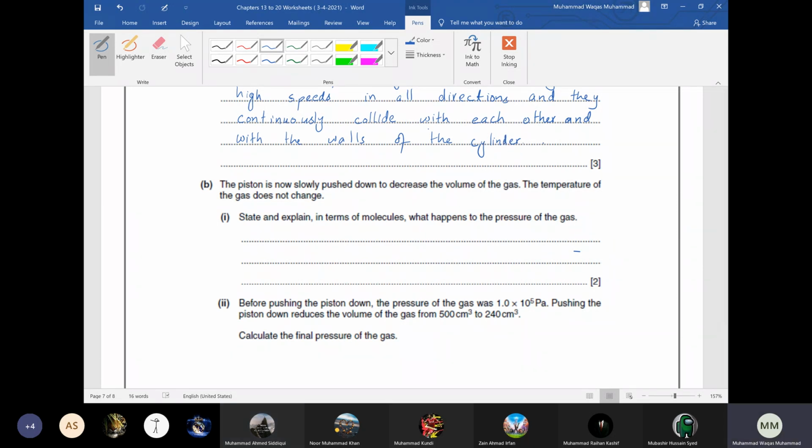And beta, now the explanation. Can anyone give the explanation?